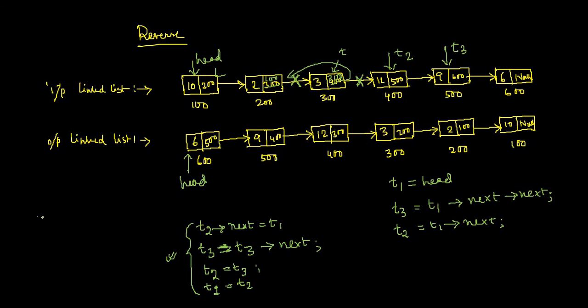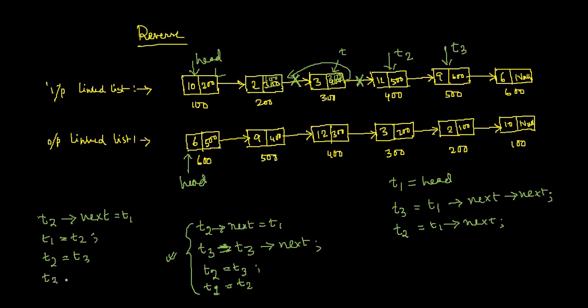So the statements will be a little bit opposite. I must have T2 next equal to T1. That is true. But after that, I must write T1 equal to T2. So I change T1 first with the current T2. Then I change T2 with the current T3.